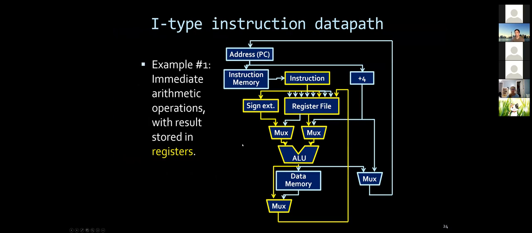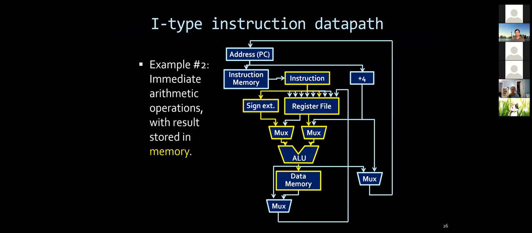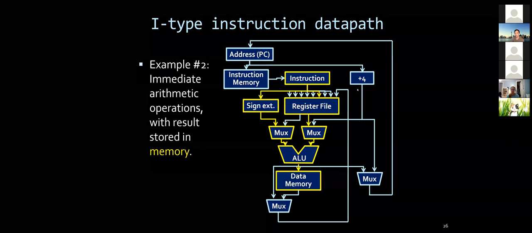But this is just one example. If I deal with an arithmetic instruction, obviously there can be other cases. So example number 2: if my immediate arithmetic operations will result in storing in memory, my data path is going to be different. What I do here is the same, but the difference is here.